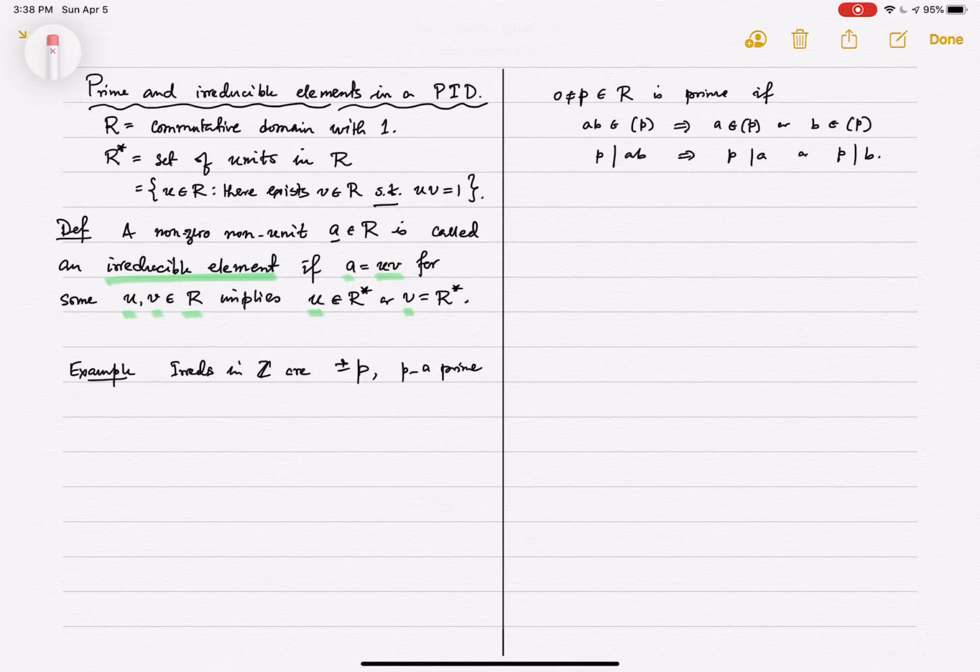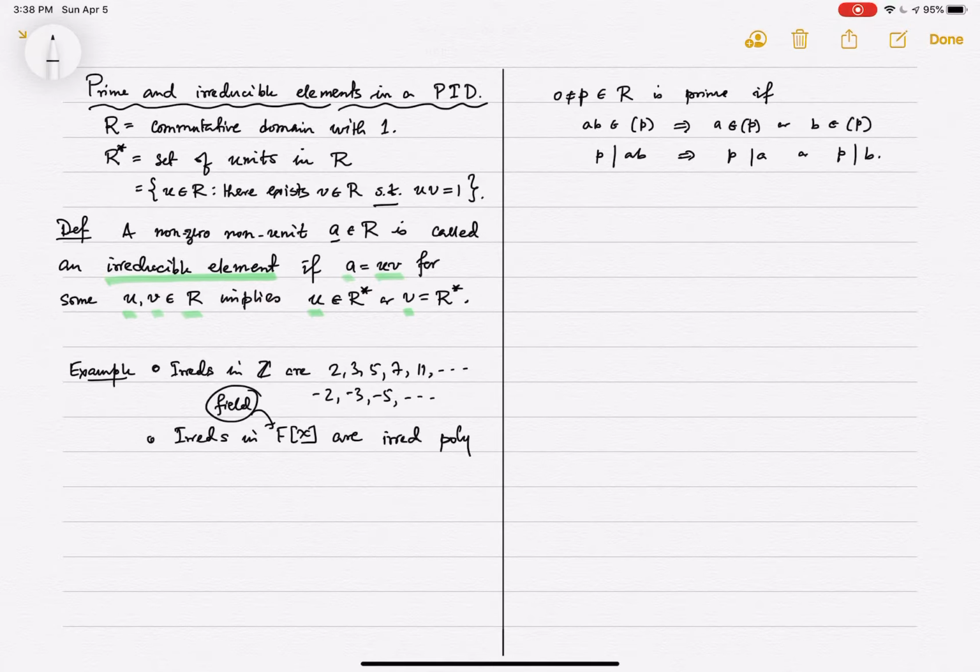I mean 2, 3, 5, 7, 11, etc., and then negatives. Irreducibles in F[x], where F is a field, are what we call the irreducible polynomials. Same in multiple variables actually.